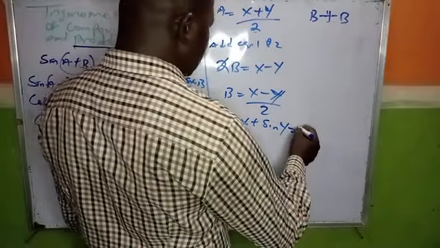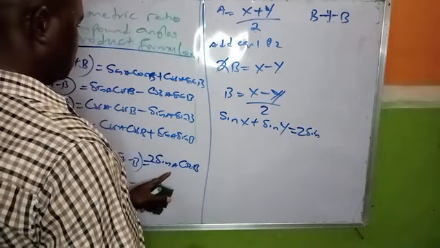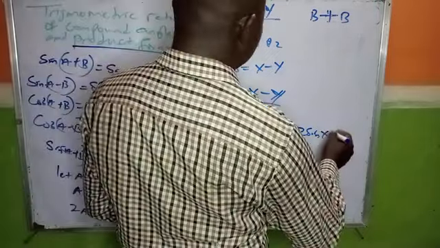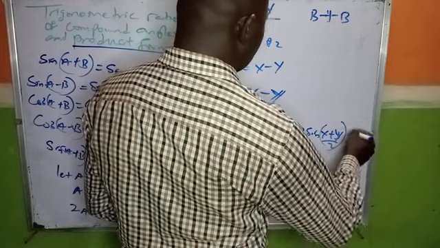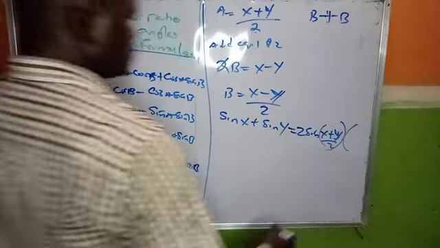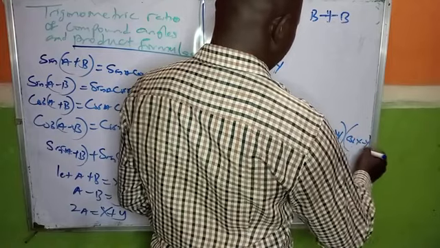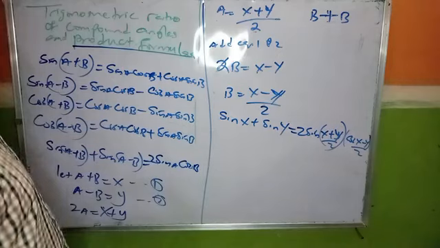You are replacing it as 2 sine a. A is x plus y divided by 2. Then cos b, x minus y divided by 2. So that is the first one.